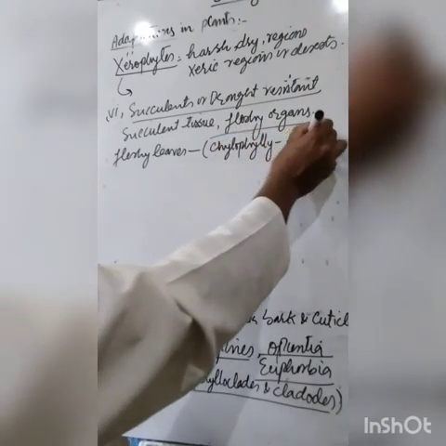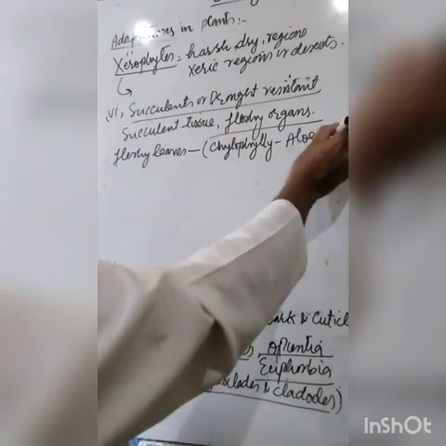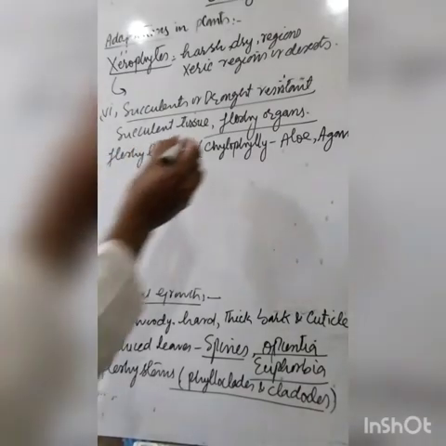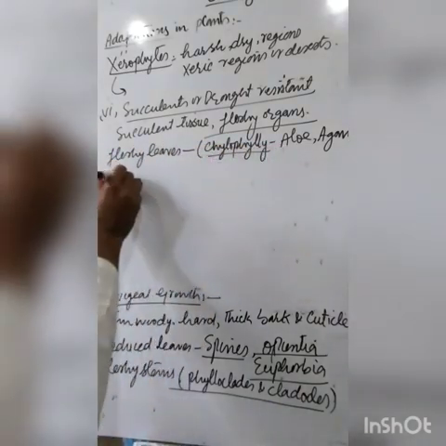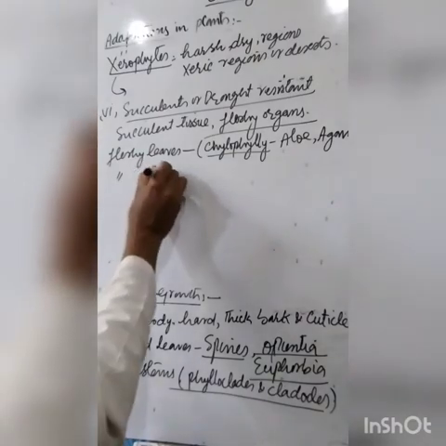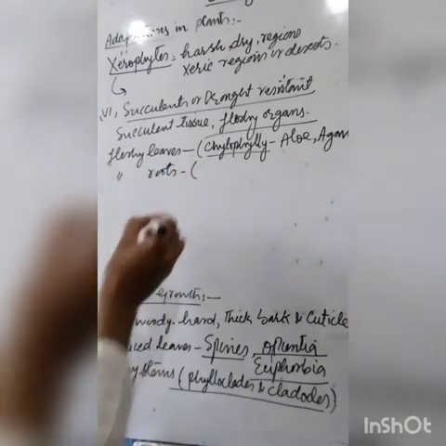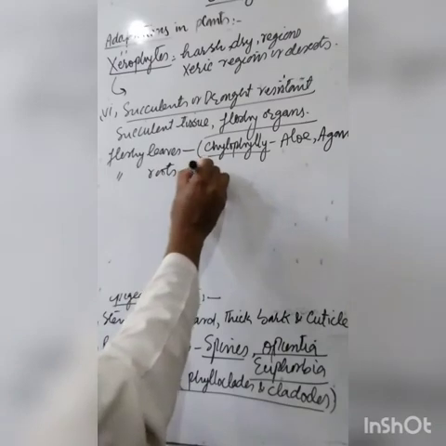There is a plant that is called aloe, you know it, aloe vera and agave. They have fleshy leaves, that is called chylophyll. If they have fleshy roots, that is technically called chylorhizae.